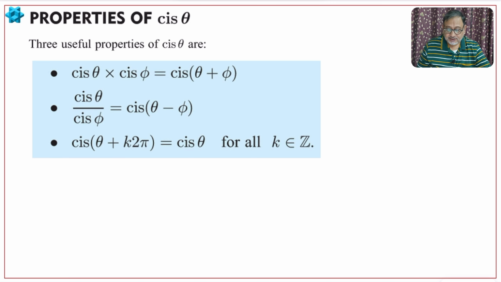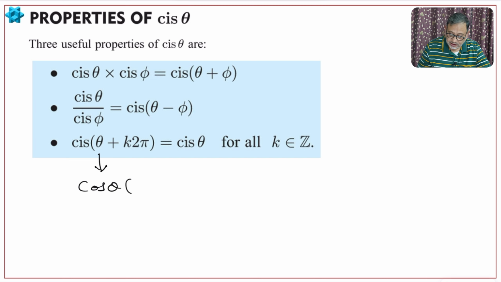Okay, properties of cis theta. The useful properties of cis theta are: cis theta into cis phi will be cis of theta plus phi, cis theta over cis phi will be cis of theta minus phi, and cis of theta plus k2pi is the same as cis theta. Why is this the same? Because we know that cos theta has period 2 pi.